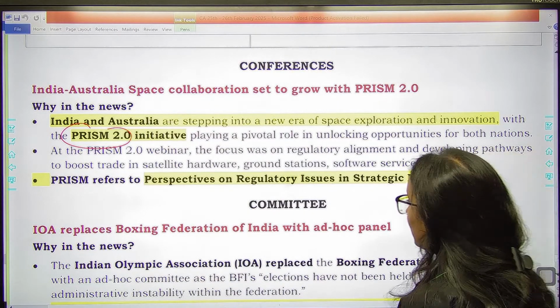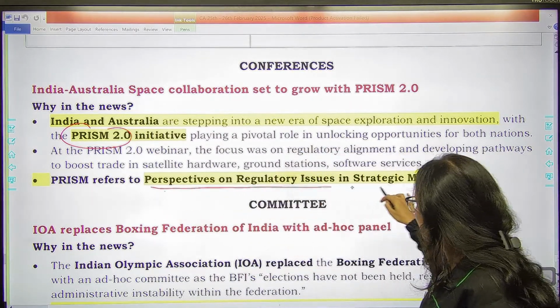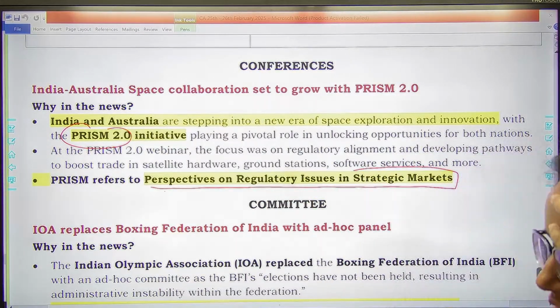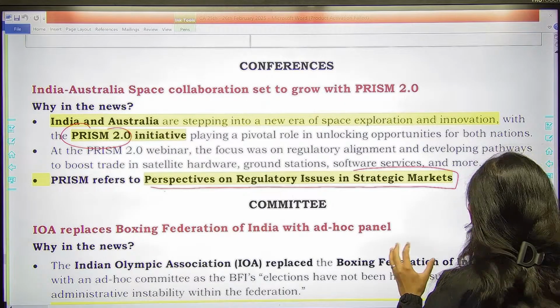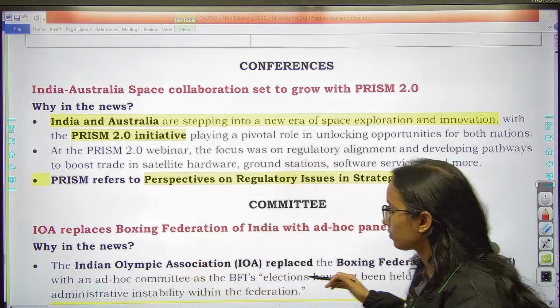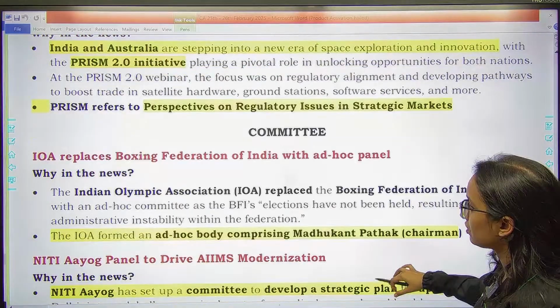It is perspectives on regulatory issues in strategic markets. They will be collaborating to explore opportunities in software services, hardware, ground stations, etc. India and Australia, PRISM 2.0, perspectives on regulatory issues in strategic markets.